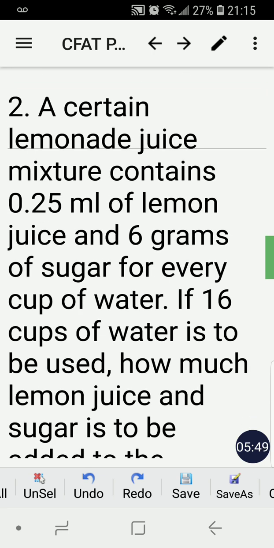Number 2. So this problem is ratio and proportion. A certain lemonade juice mixture contains 0.25 ml of lemon juice and 6 grams of sugar for every cup of water.